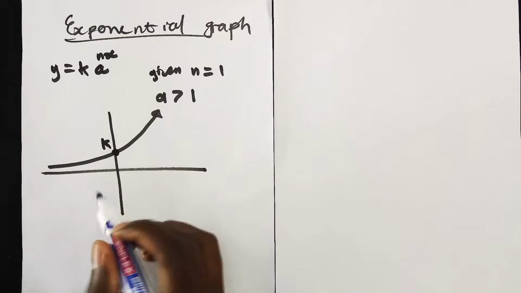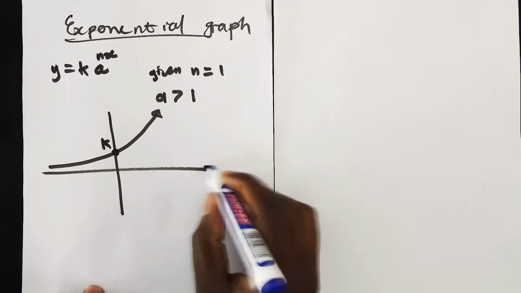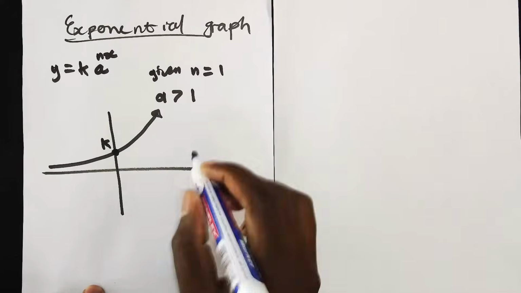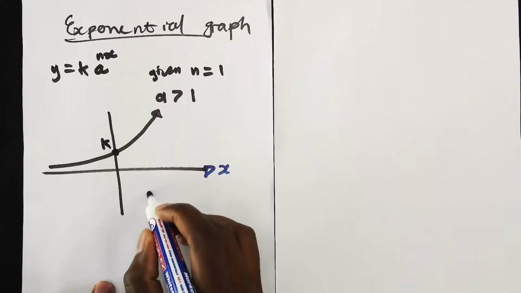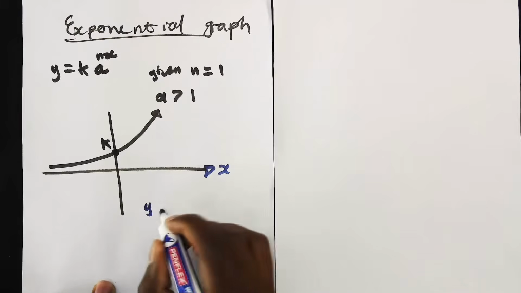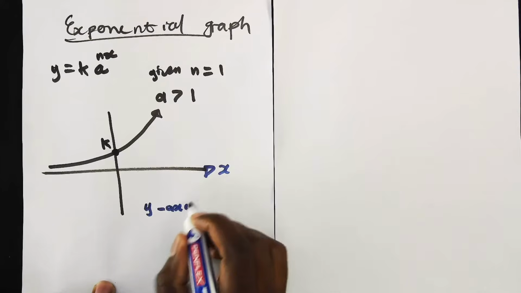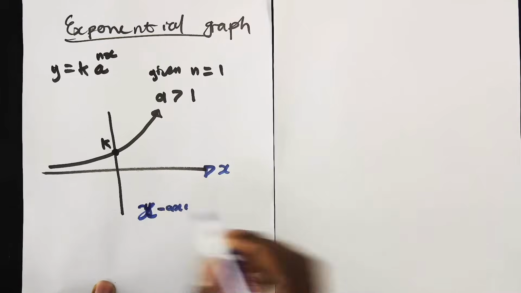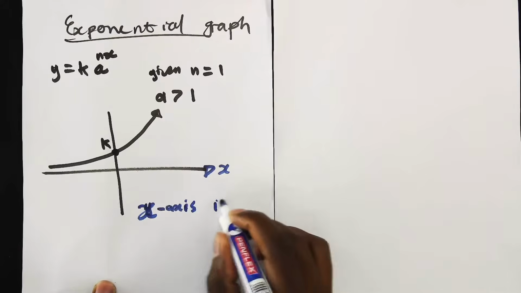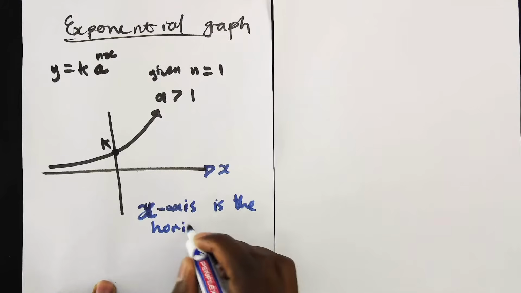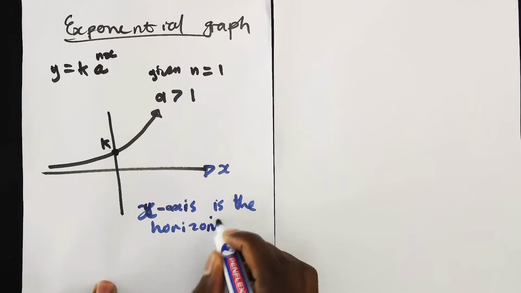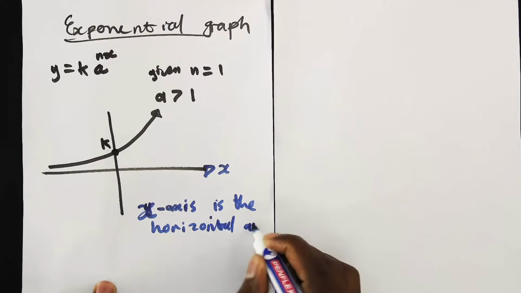And please note that this x-axis here will be the asymptote for the graph that we're having. Did I say y-axis? I want to say x-axis. It's the horizontal asymptote. So we have our horizontal asymptote.